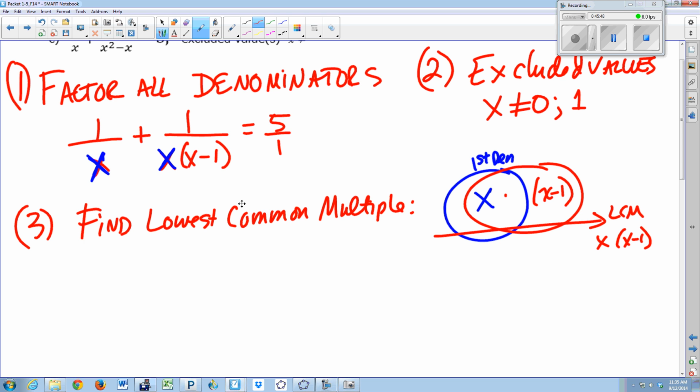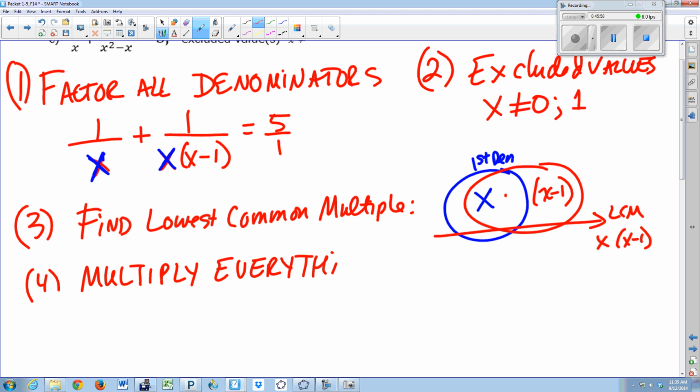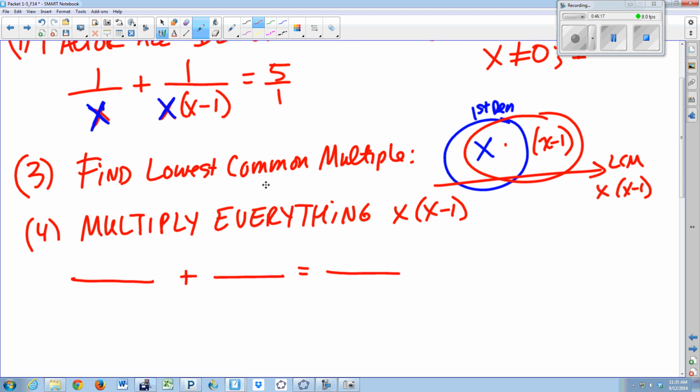So you find the lowest common multiple, and next you multiply everything on both sides of the equation by x times x minus 1. If you're having trouble seeing how to reduce it, I would suggest you just write one fraction bar all the way across. You started out with 1 over x, now you're multiplying it by x times x minus 1.